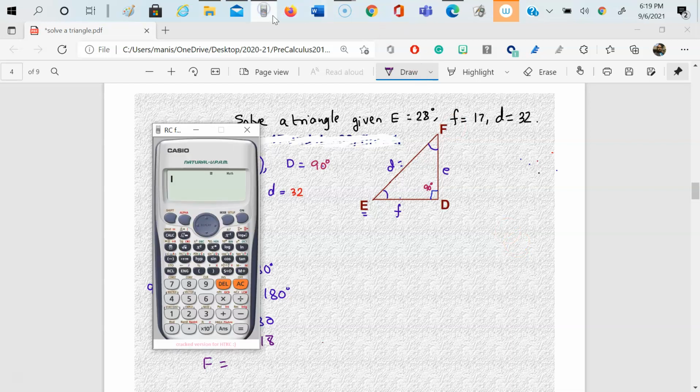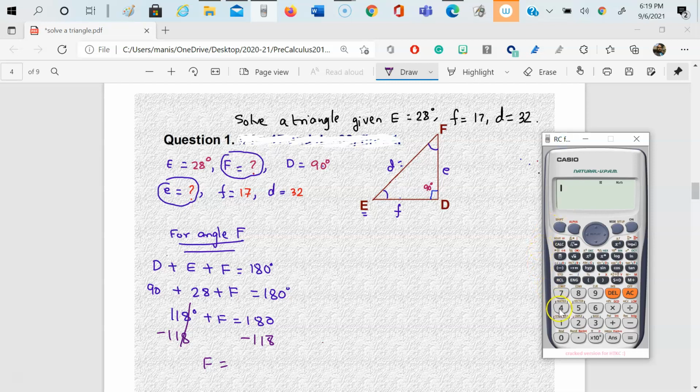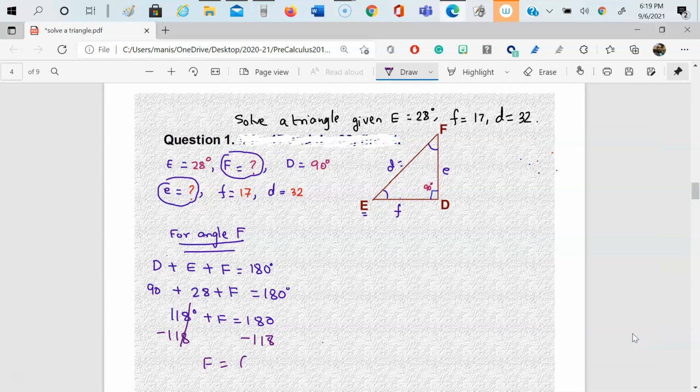Let me pull up my calculator. 180 minus 118. Oops, I did 8. So what is my answer over here? Should be 62. Awesome. So we got our F is 62.